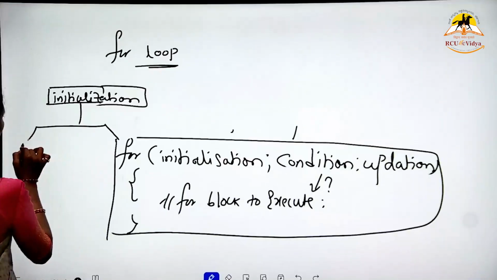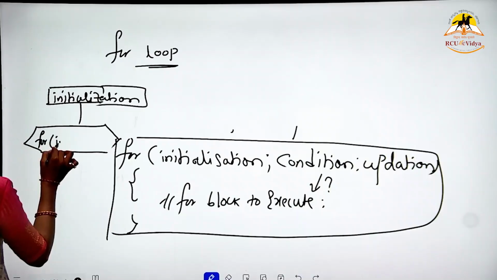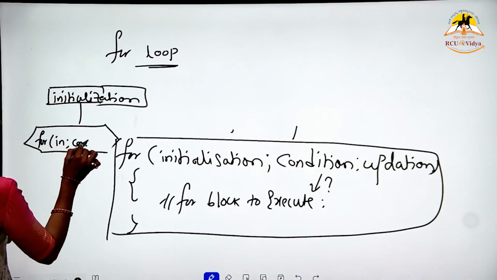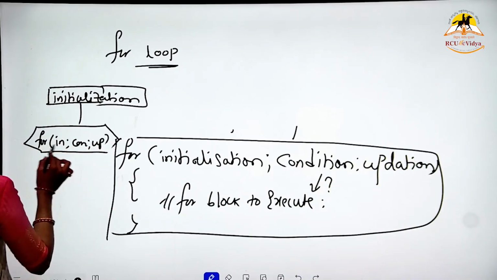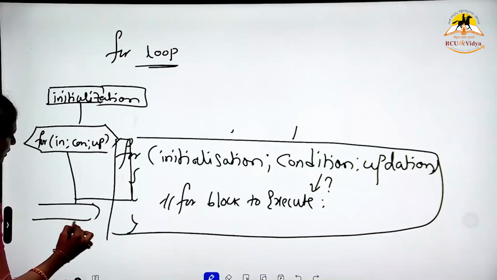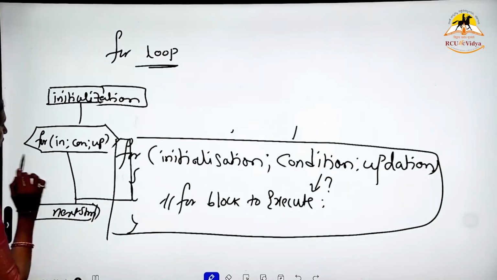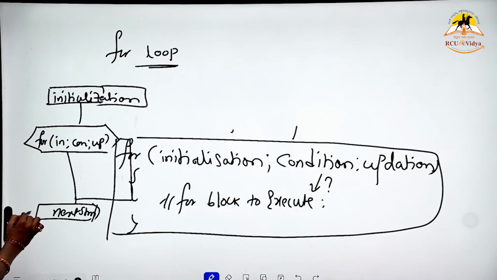Then comes the updation. The condition is true or false, so it comes with two branches. If true, the block executes and then again comes back for the looping. If false, the next statement will execute. This is the flow chart.